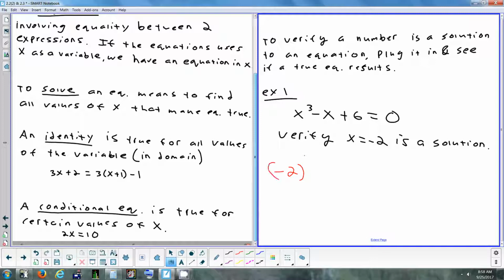So we get negative 2 cubed minus negative 2 plus 6. And I put a question mark there because I don't know if it equals 0. That's the hope if it's a solution. Shauna, what's negative 2 cubed?